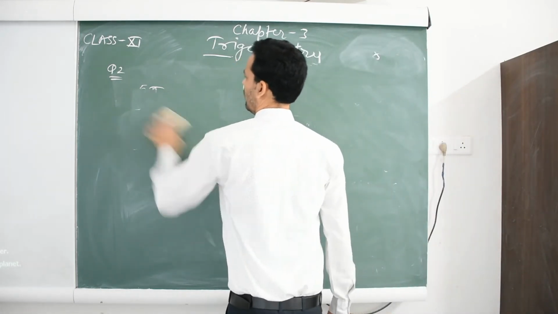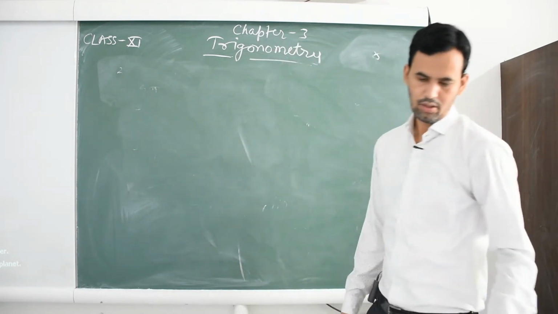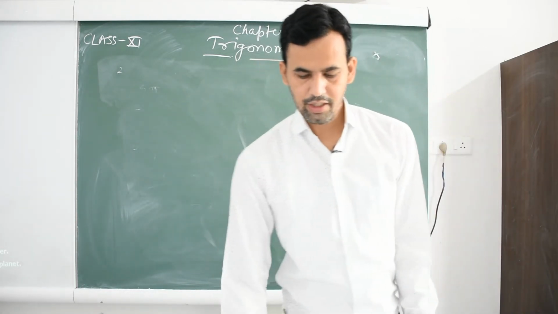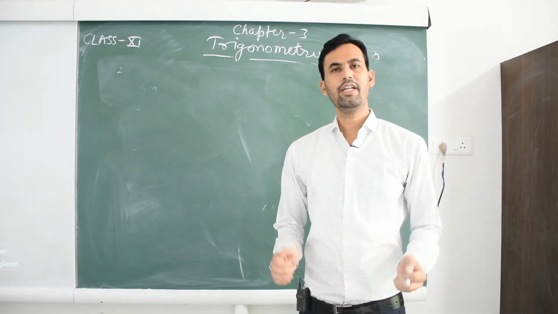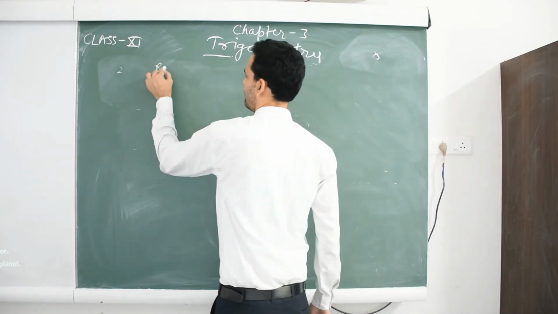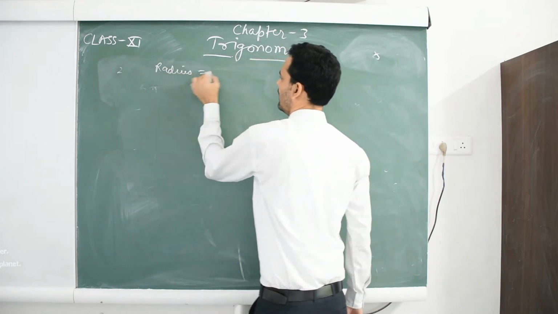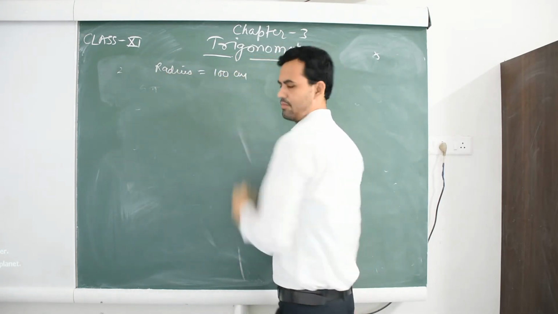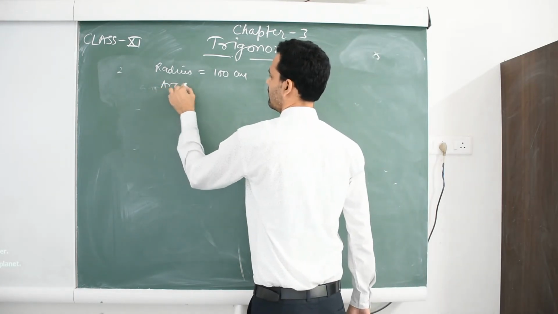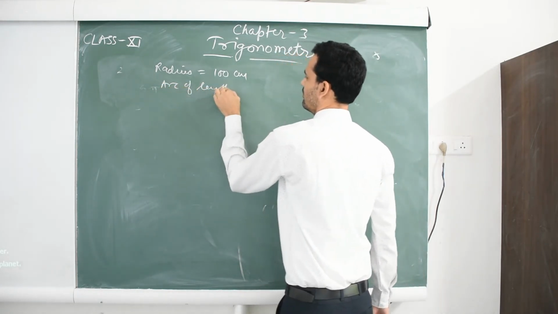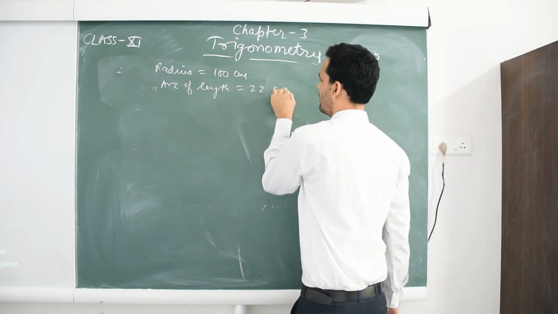Let's take question number 4. Find the degree measure of the angle subtended at the center of a circle of radius 100 centimeter and arc of length 22 centimeter.